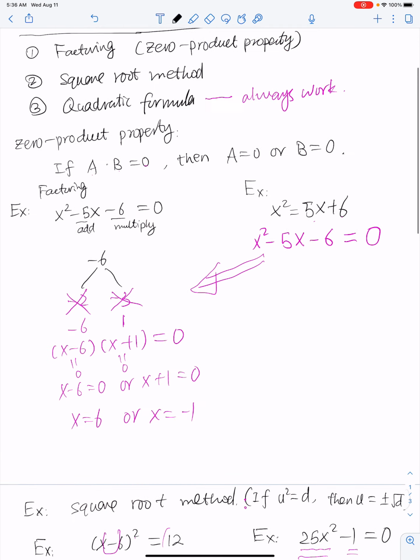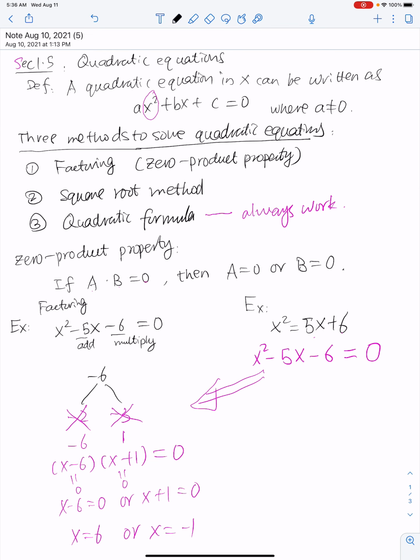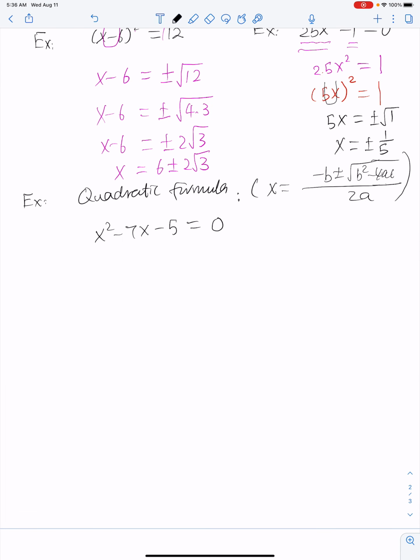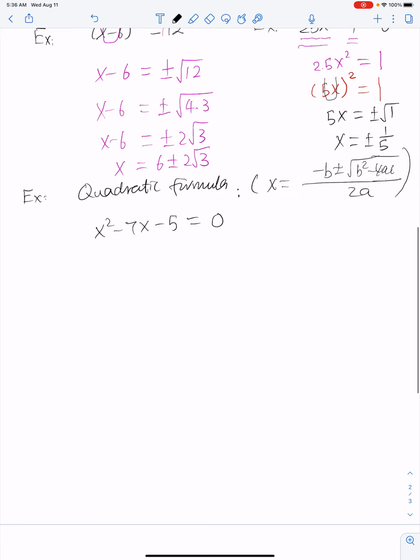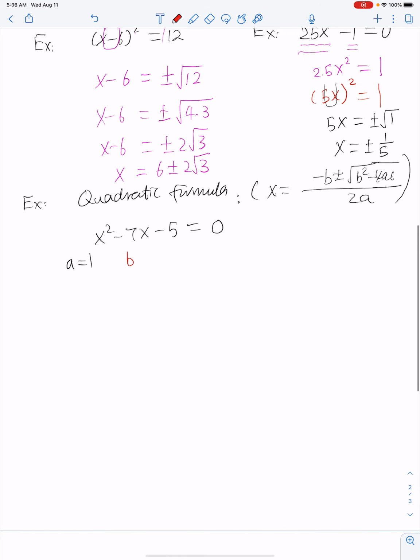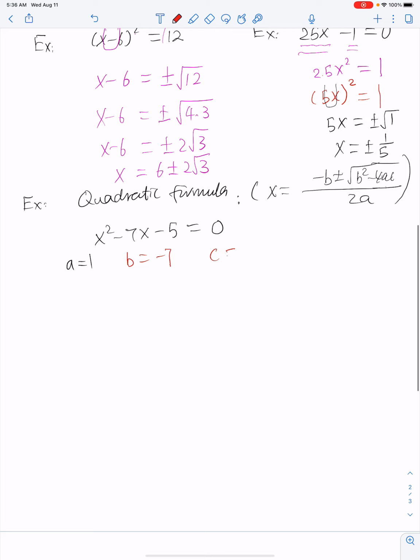Where are a, b, c? a, b, c are the coefficients, the numbers without the x squared or x. I strongly recommend that when you do this kind of question, first write down what a, b, c are. a equals 1, b is negative 7, c is negative 5. Write it down carefully and keep the sign. If you do not have any number, that means 1.